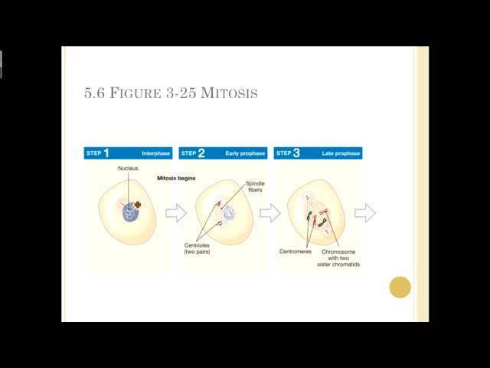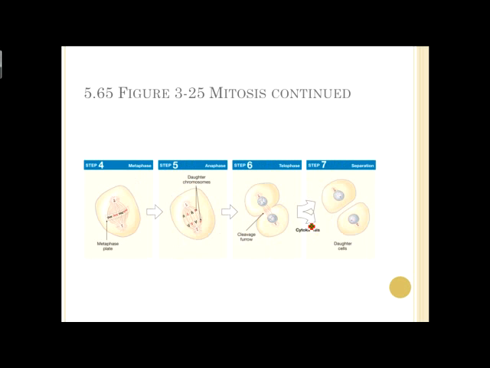Again, nucleus. I spent all my life ready to make a daughter cell. Early prophase, two centriole pairs. These are going to make our polar ends. Late prophase, we have polar ends, and we start assembling the chromosomes here in the middle. When metaphase occurs, we have a metaphase plate. This is the reason this is called metaphase.